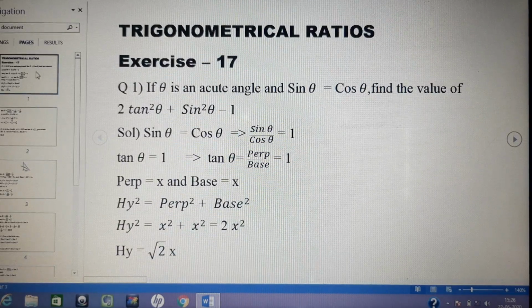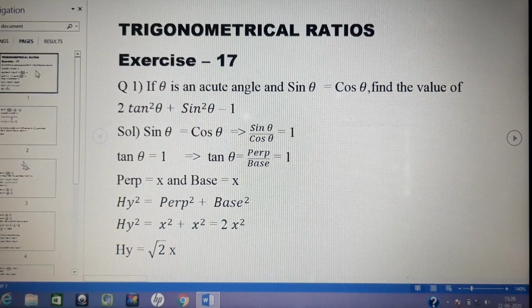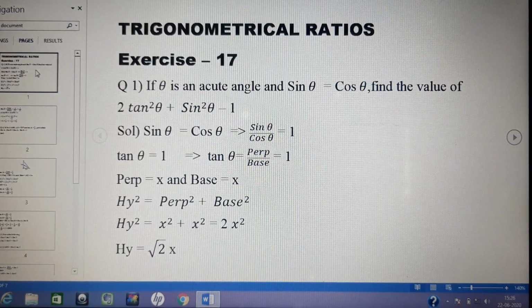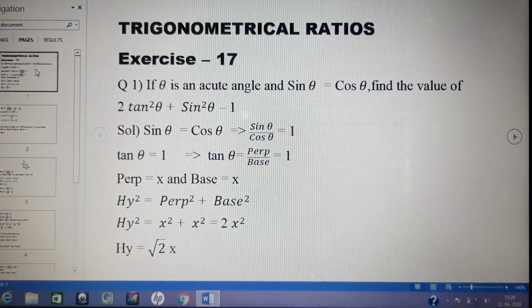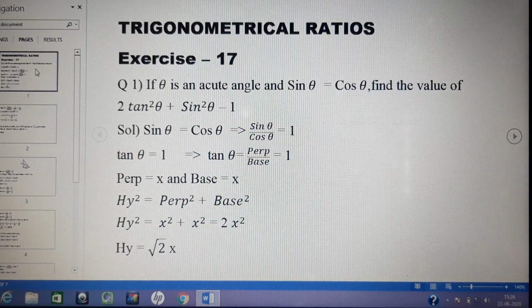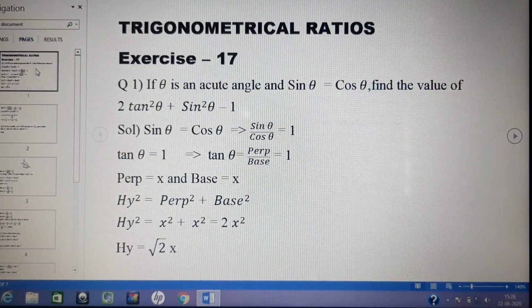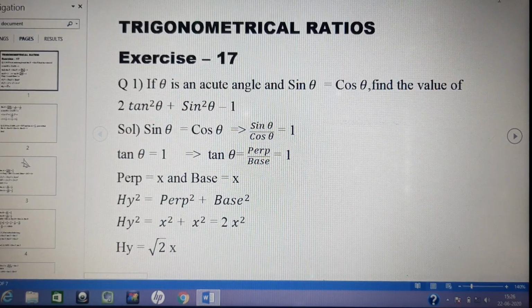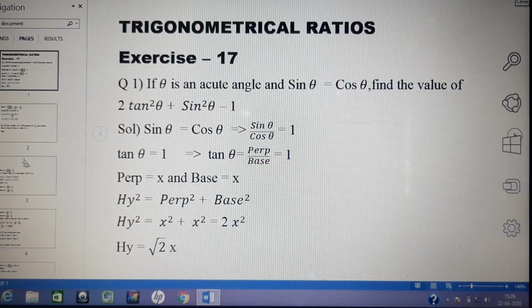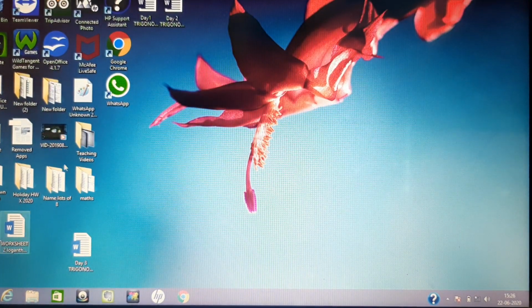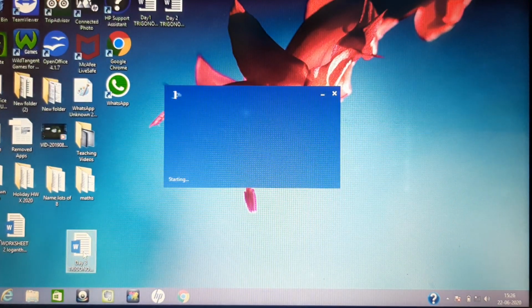One thing you have to always remember: in my next class, we will be doing trigonometrical identities. Are you getting it? And these identities are basically what? They are formulae. Clear?